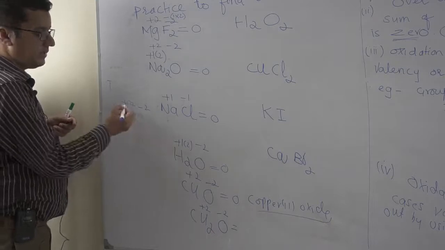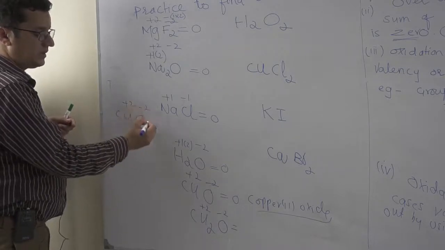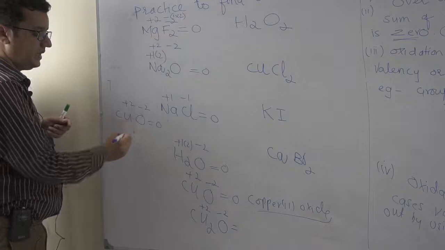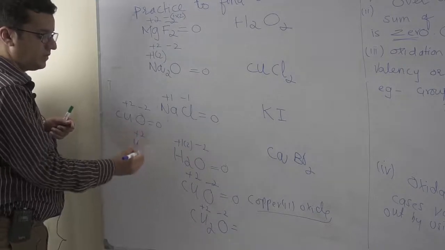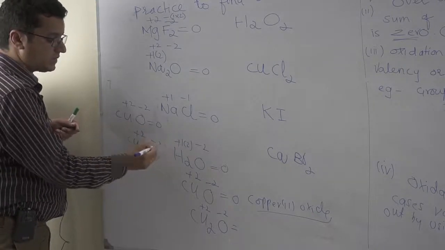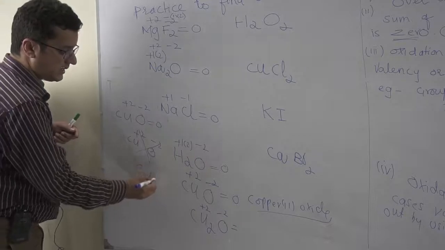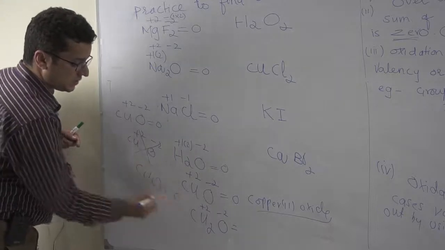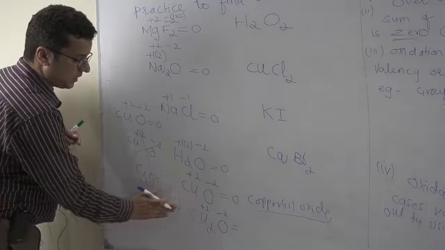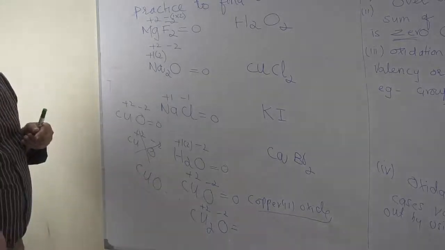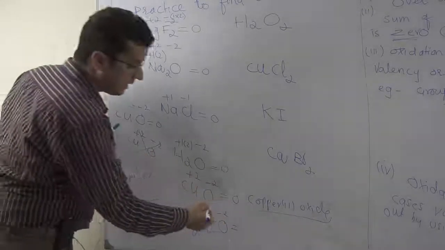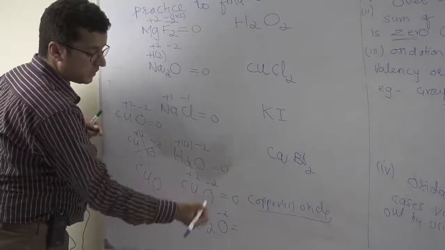So +2 -2, and overall is 0. Or in another way, Cu +2, oxygen -2, swap it around and cancel. The formula is CuO. It means the systematic name can also be derived from the oxidation number.